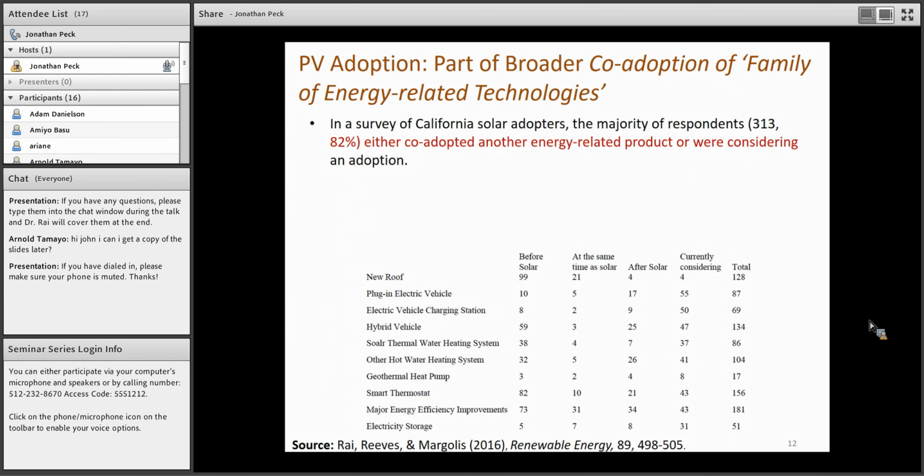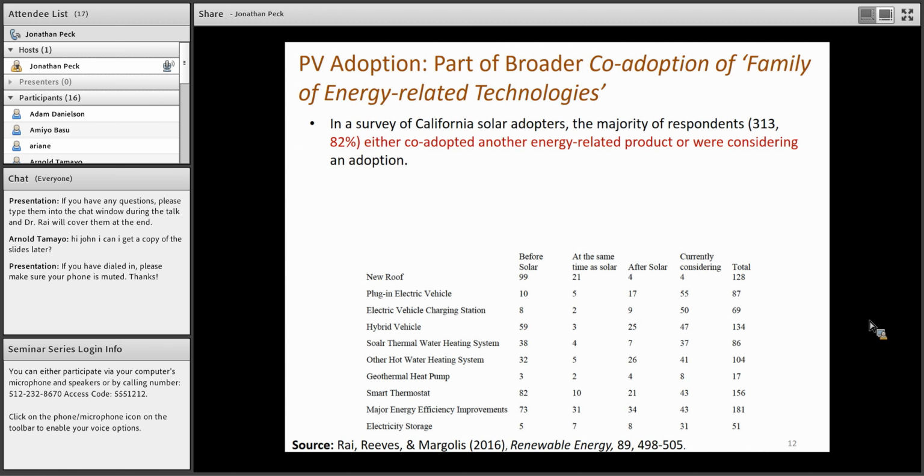So going solar is part of co-adoption of a family of energy-related technologies, and this is also based on survey data from California, where what you're seeing in terms of data are how many adopters of solar, what else were they doing at the time they went solar.